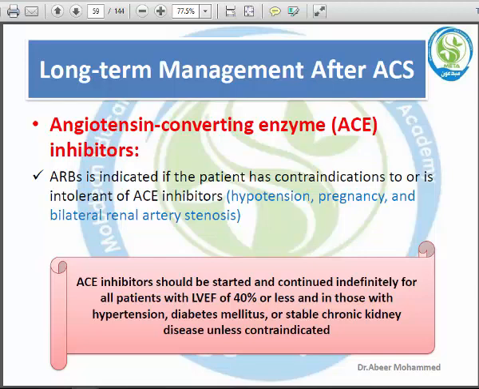In case the patient has heart failure with reduced ejection fraction, hypertension, diabetes mellitus, or stable chronic kidney disease, unless contraindicated, the patient should receive the ACE inhibitor indefinitely.